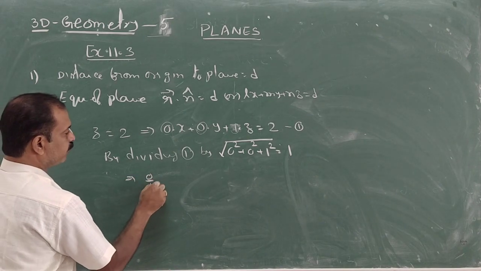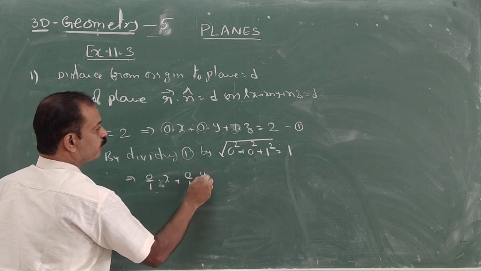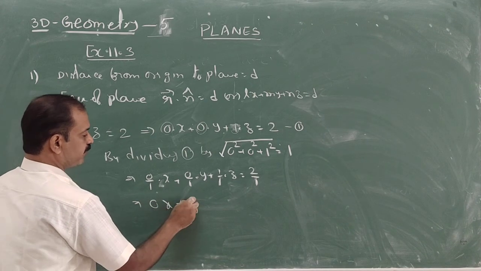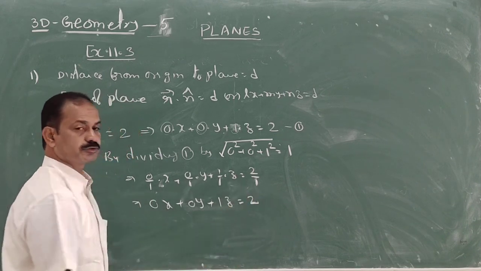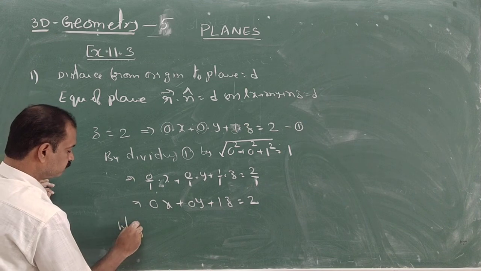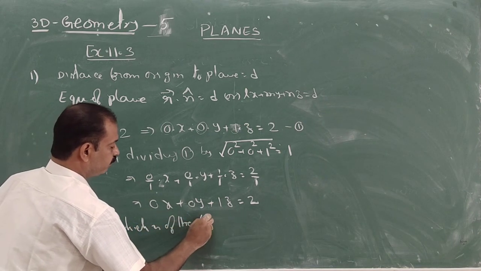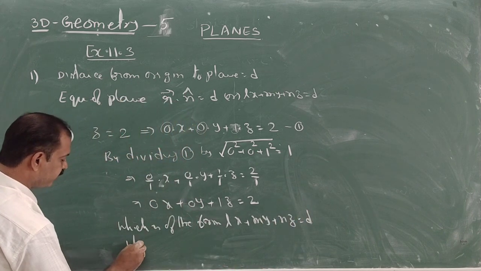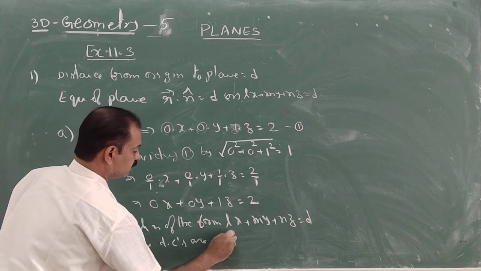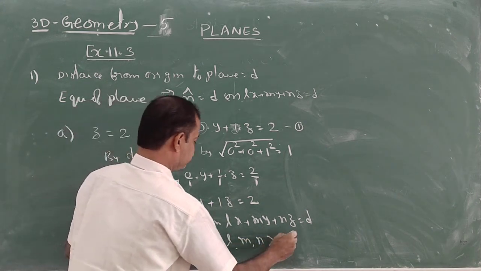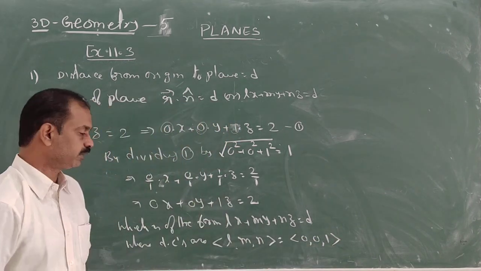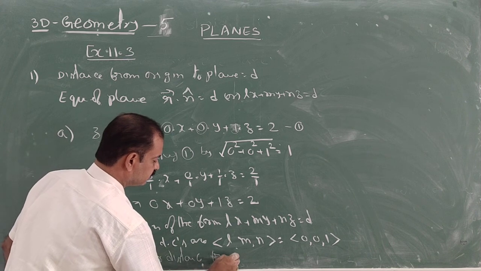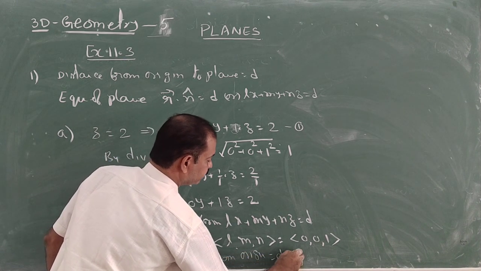This gives 0 by 1 into x plus 0 by 1 into y plus 1 by 1 into z is equal to 2 by 1, which is nothing but 0 into x plus 0 into y plus 1 into z is equal to 2, which is of the form lx plus my plus nz is equal to d, where direction cosines l, m, n are 0, 0, 1, and the perpendicular distance from origin is d, which is nothing but 2.